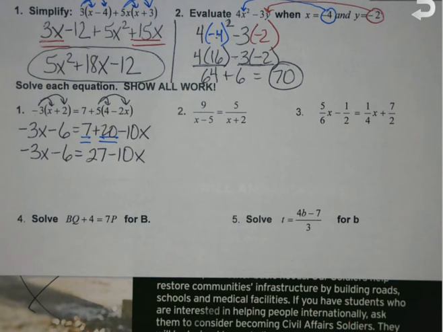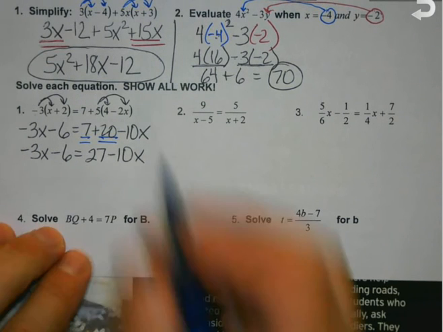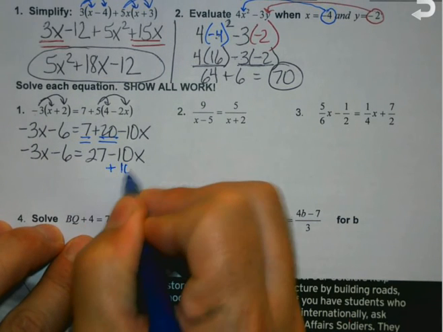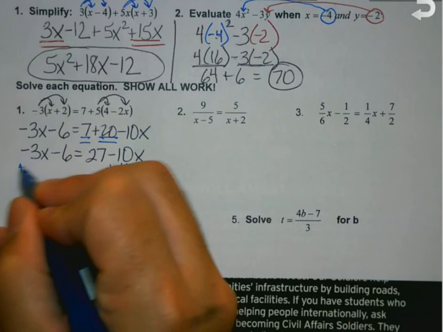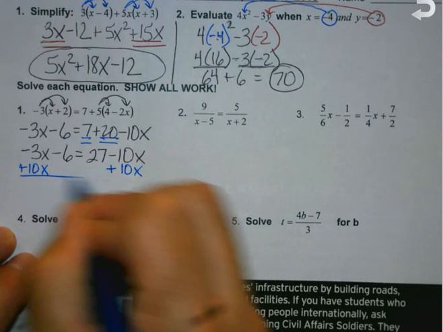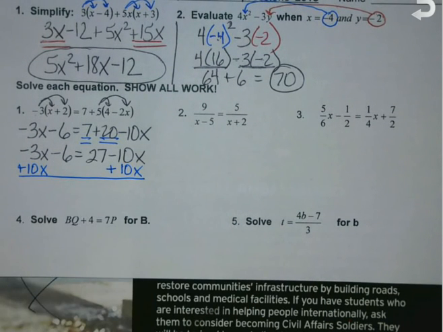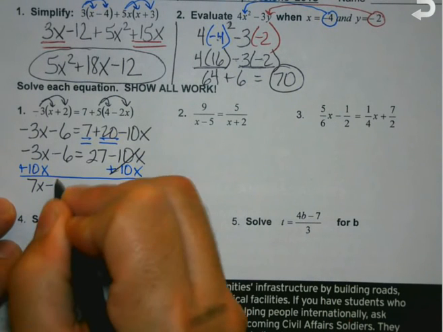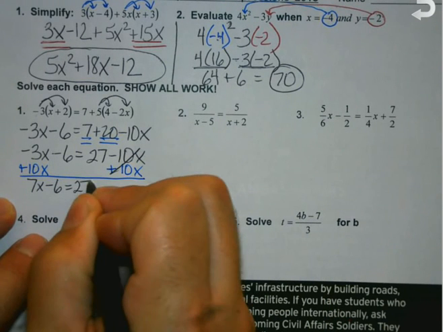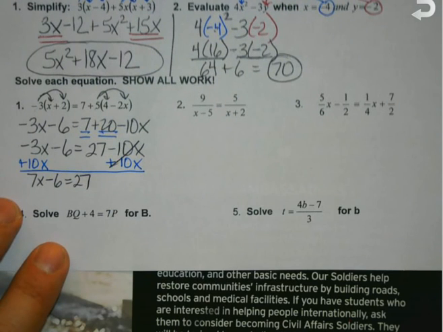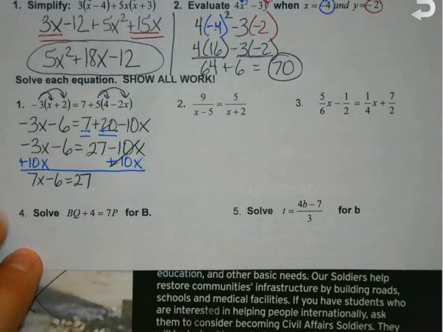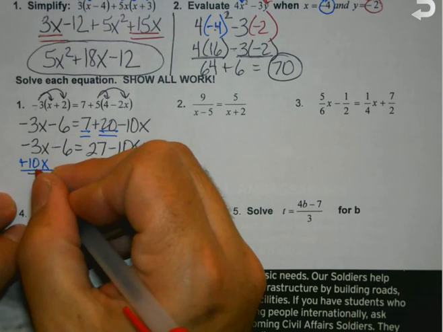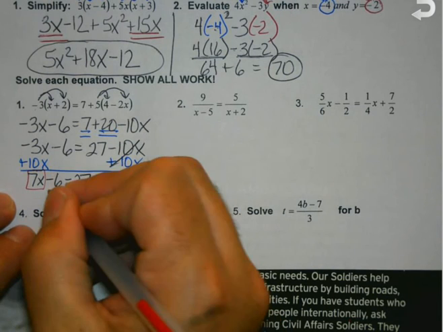If I want to move the numbers, I can. I personally like to get my variables taken care of first, and I also like my variable terms to be positive. It's just a little thing I have going here. Doesn't mean you can't get to the right answer if you do it a different way. Once I get here, all my x's are together.